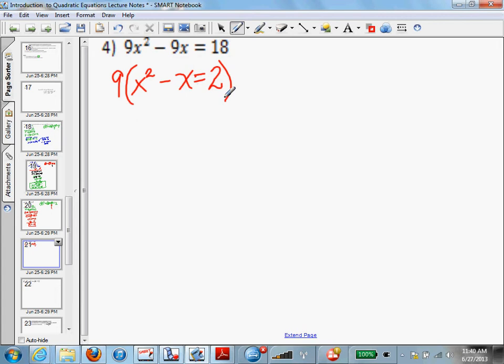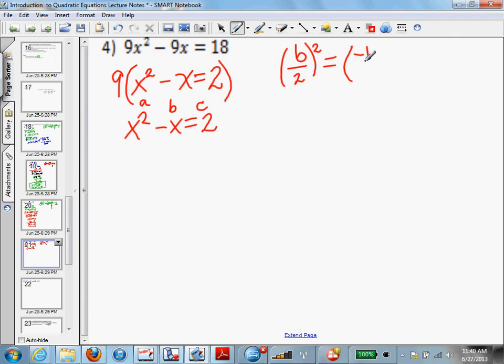So that's what the equation looks like now. Okay, now what we can do is look at the equation as x squared minus x equals 2. Okay, so now we have a, b, and c. So let's have b divided by 2, and then we'll square that whole term.